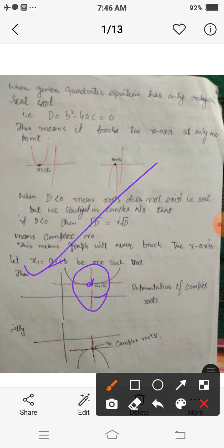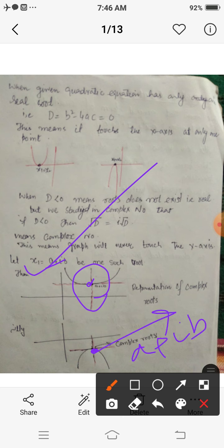Similarly, when it represents the downward parabola, suppose this point (a, b) lies in the fourth quadrant, where a is positive and b is negative, and this point represents the complex number a plus iota b.